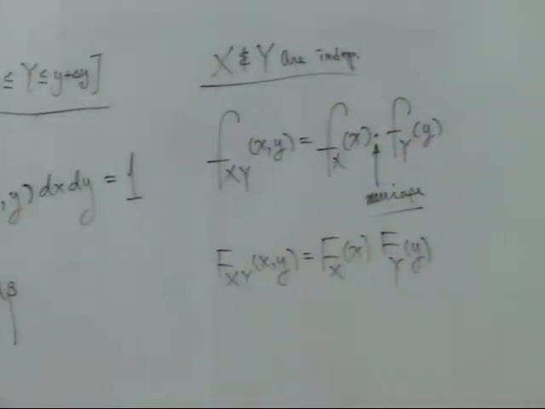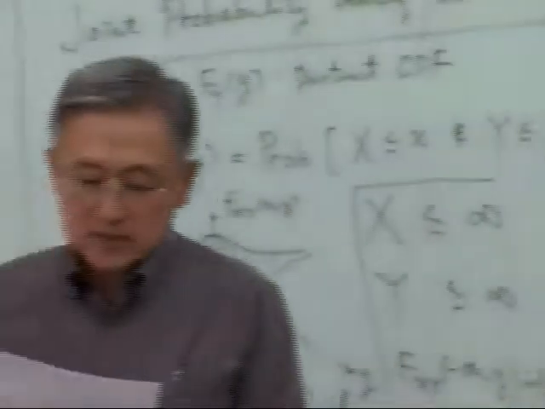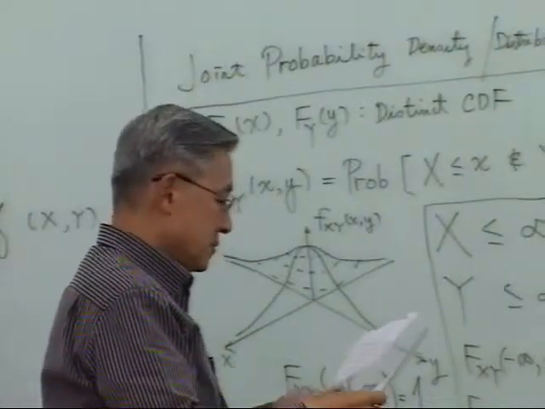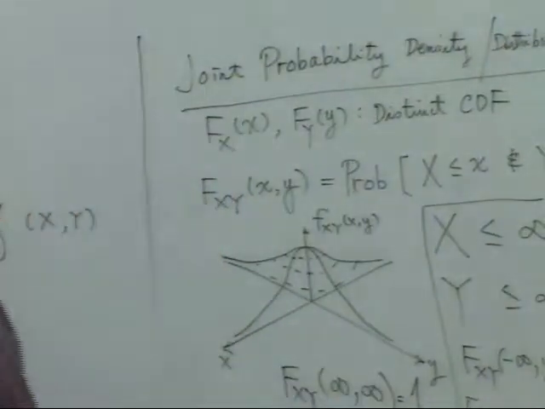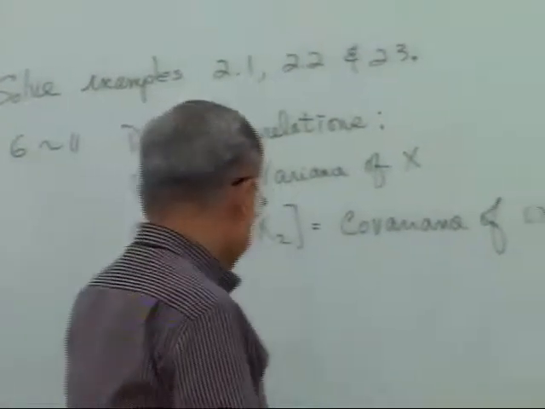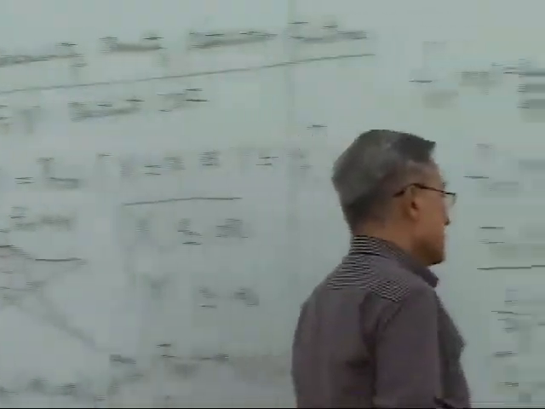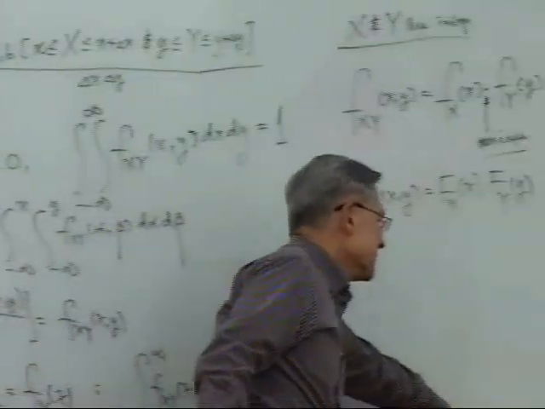That is about all. This is the basic definition of joint probability density functions and also probability distribution functions. That's about all. No more or no less.